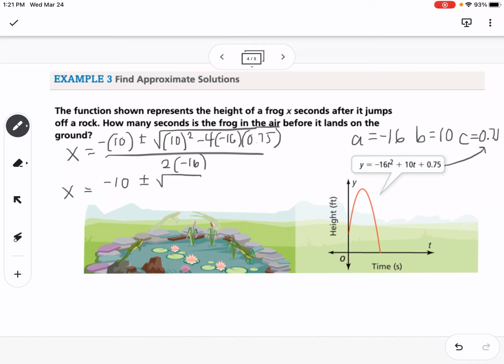If I type that whole part that's underneath the square root into my calculator, I'm going to get 148 over negative 32. So then we can put this into two equations.